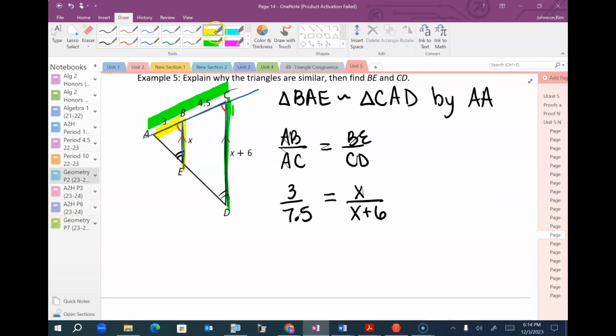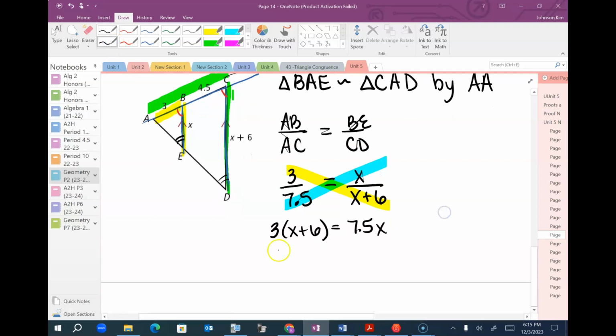Then we're going to cross multiply, which gives us 3 times x plus 6 equals 7.5x. We distribute, we get 3x plus 18 equals 7.5x. We need to get all of our like terms on one side, so we're going to subtract 3x from both sides. And we get 18 equals 4.5x.